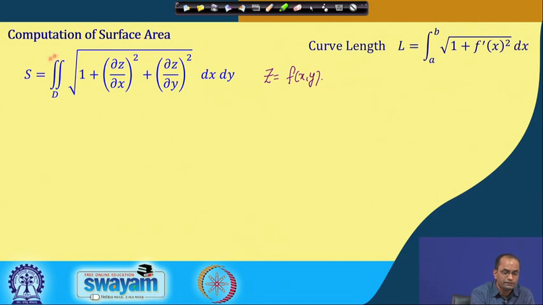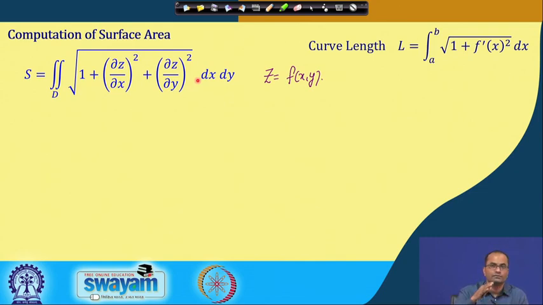We have the double integral, and we will discuss what the domain is now. The square root we will take of 1 plus, similar to the derivative here, the first order partial derivatives. So, the first partial derivative with respect to x whole square plus the partial derivative with respect to y of the given function whole square, and then we integrate this integrand over the domain D in the x y plane, which is nothing but the projection of the surface in the x y plane.